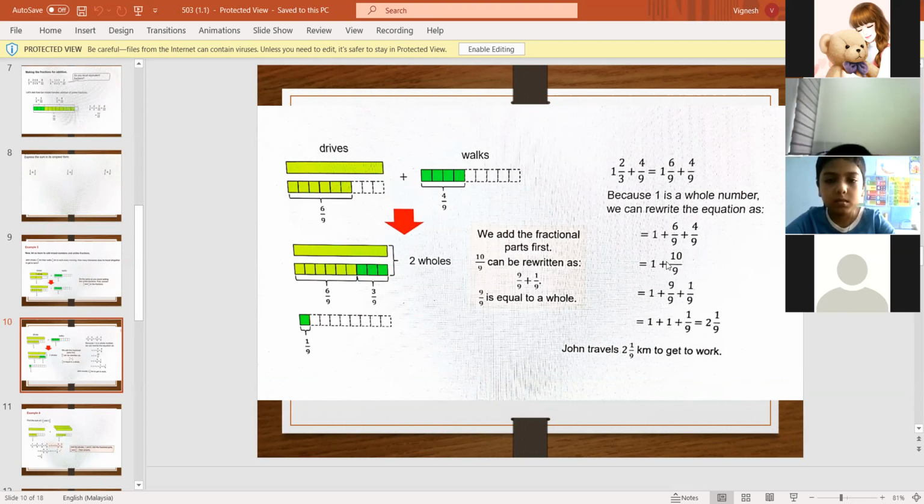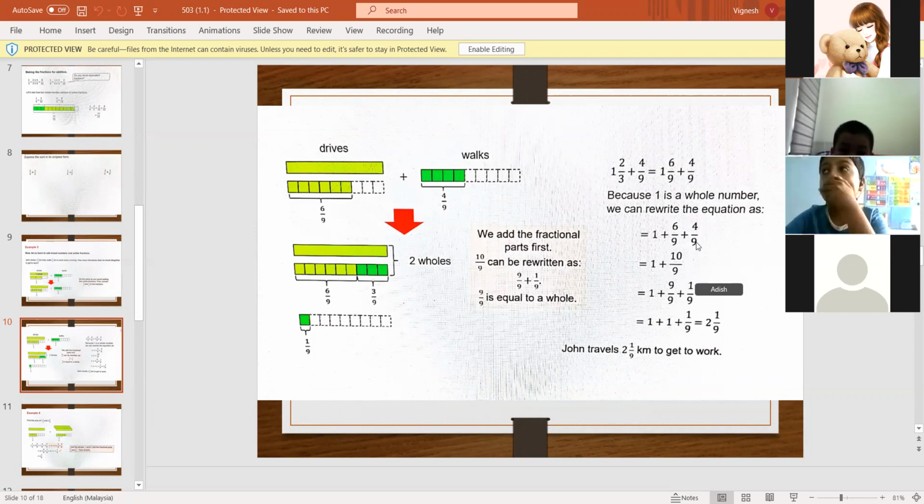It's an improper fraction because your numerator is bigger than the denominator. So if it is an improper fraction, we have to change it into a mixed number again. Why? Because we can't leave the improper fraction like this.